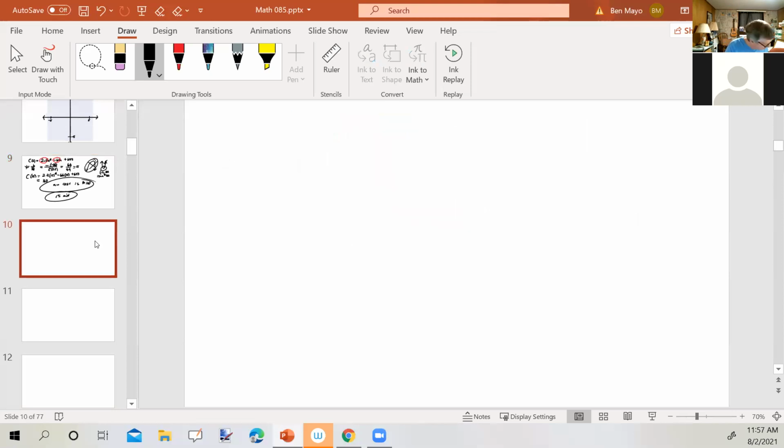Okay, going on to a new one. It says fireworks. A fireworks shell is shot straight up with an initial velocity of 120 feet per second. Its height S in feet after t seconds is approximated by the equation S equals 120t minus 16t squared.